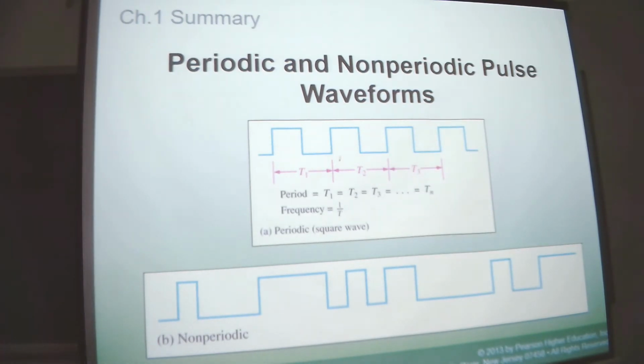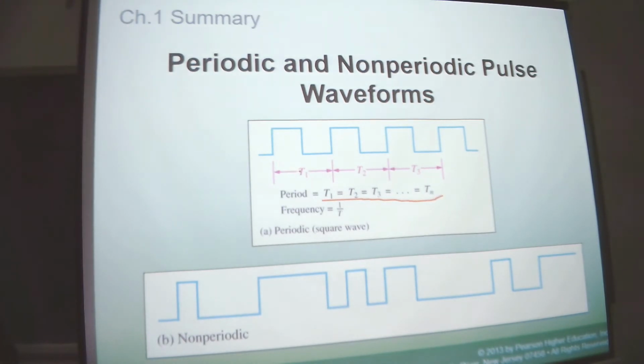Please see this figure. The times T1 and T2 and T3 are all the same. That is to say, T1 equals T2 equals T3, and so on, and equals Tn.